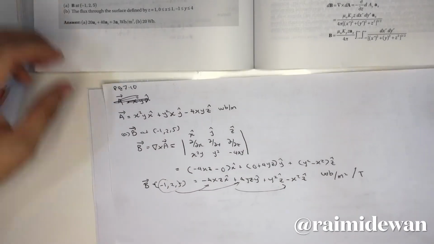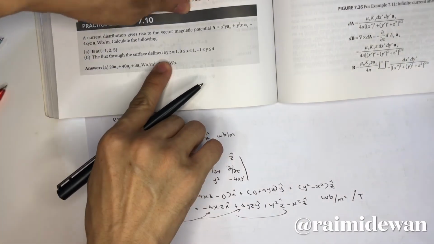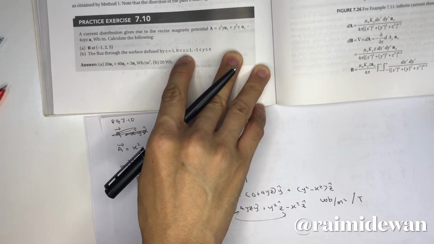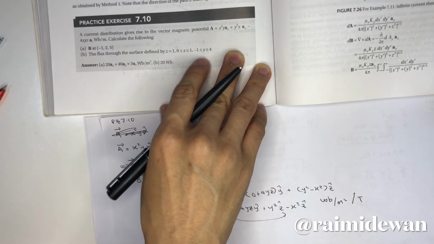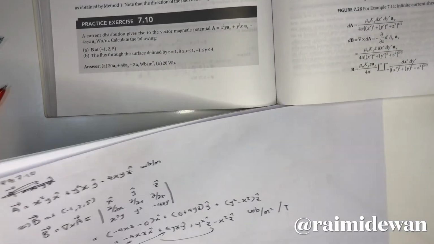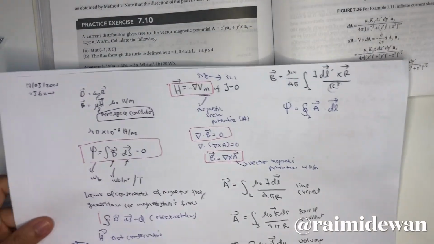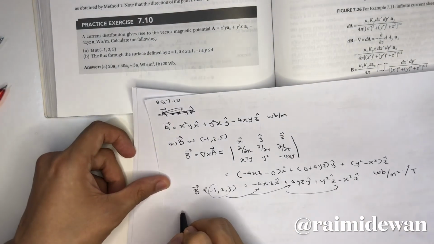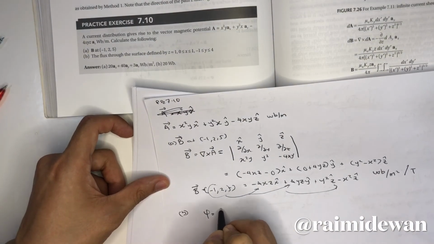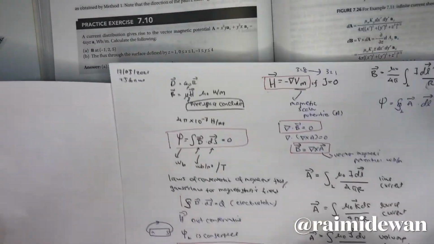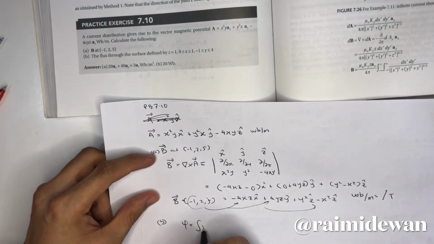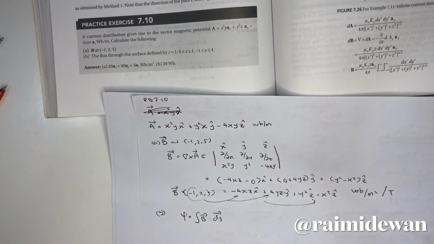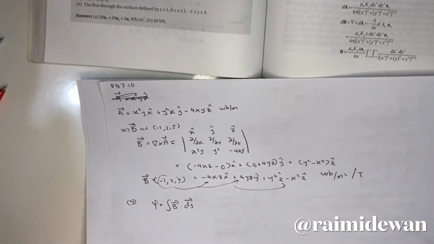So next, this question is asking for the flux through the surface defined by z equals to 1, with limits. So it puts the limits, and the question is asking about magnetic flux. So where is the magnetic flux? It is the integral of B dot ds.